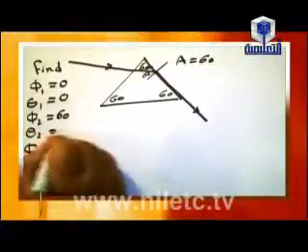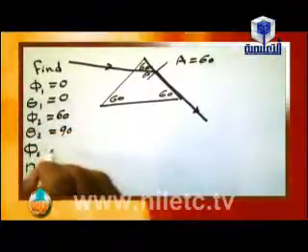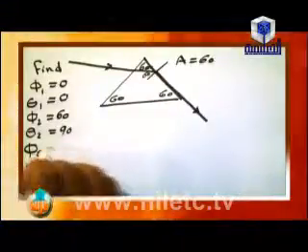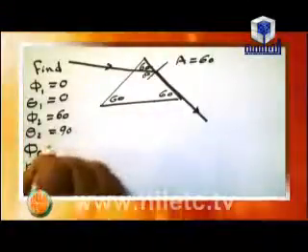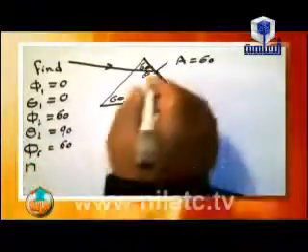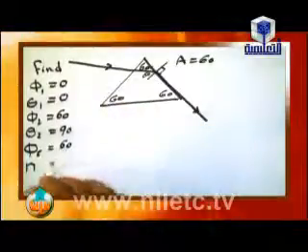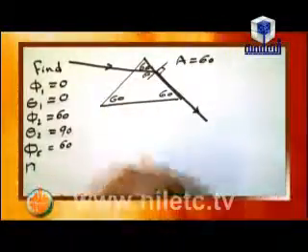Theta 2 equals 90, and phi critical is equal to 60, because the ray emerged tangentially, it refracts with angle equal to 90, and we want to find the refractive index.